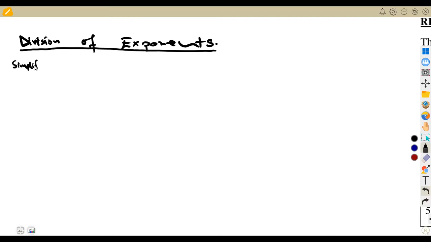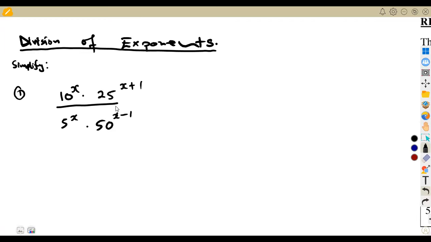Let us consider 10 to the exponent of x times 25 to the exponent of x plus 1, everything over 5 to the exponent of x times 50 to the exponent of x minus 1, like this.